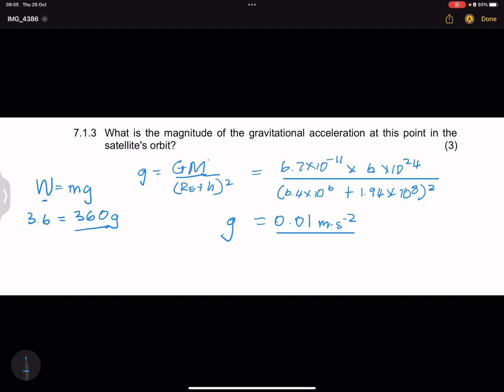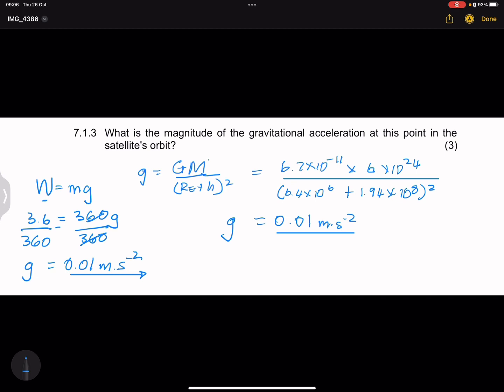So in this case, what we needed to do was just divide the 3.6 by 360, and you'll see that g would actually give us 0.01 as well, meters per second squared. Yeah, it looks like we've done the right thing. So this would be the easier way instead of using the GM and all of that.